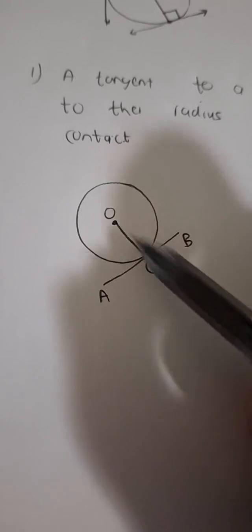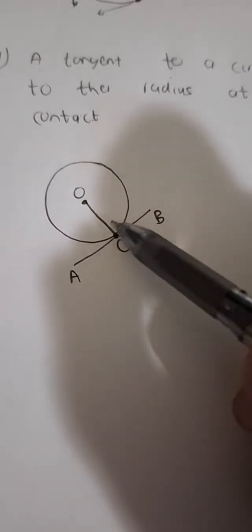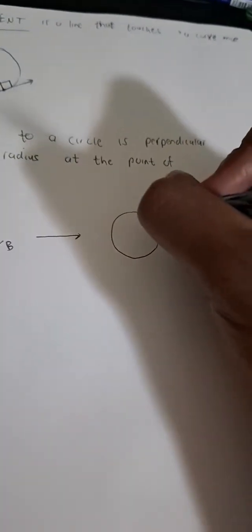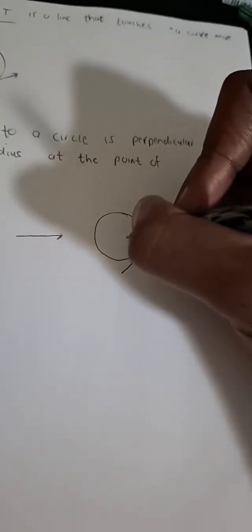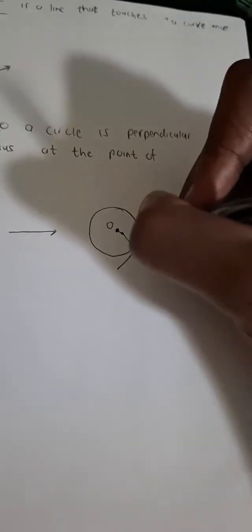Radius is the line from the center to the circumference at the point of contact. So at this point of contact, what is the result? The result of the tangent and the radius meeting at the point of contact is what?